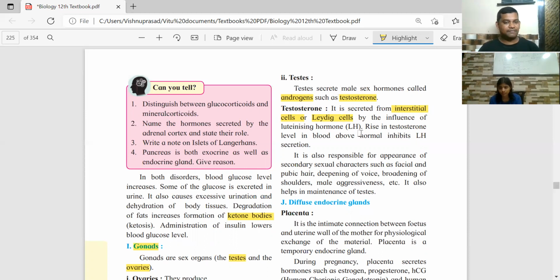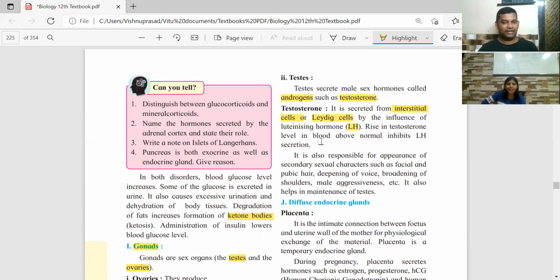This takes place under the influence of LH, that is luteinizing hormone. It's like a feedback mechanism: if there is a good amount of testosterone in the body, the LH secretion automatically gets inhibited.